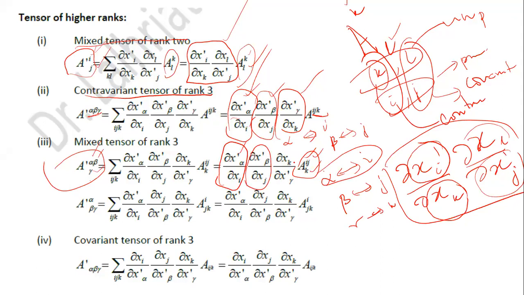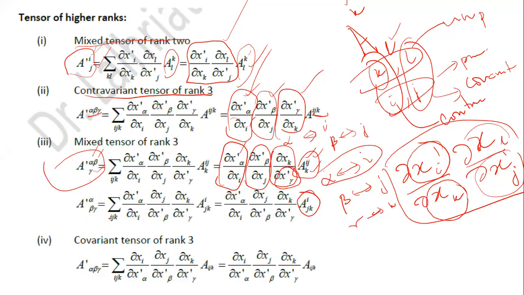But here we see that k and gamma are the covariant indices. So the direction cosines, or the transformation coefficient, will involve partial derivatives such that the prime coordinate variable is in denominator. And if you can identify like that, you can write down the transformation relation for this Aijk also. Here, alpha, beta, and gamma are again used for the corresponding indices in the prime coordinate system.